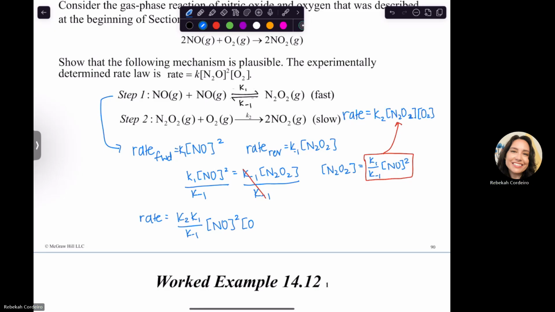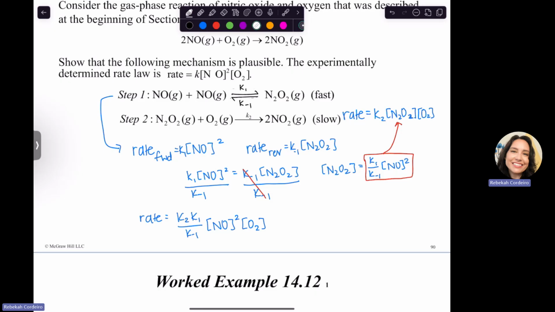O2. Something is wrong here. I think that they messed up because there's no N2O at all even in here.